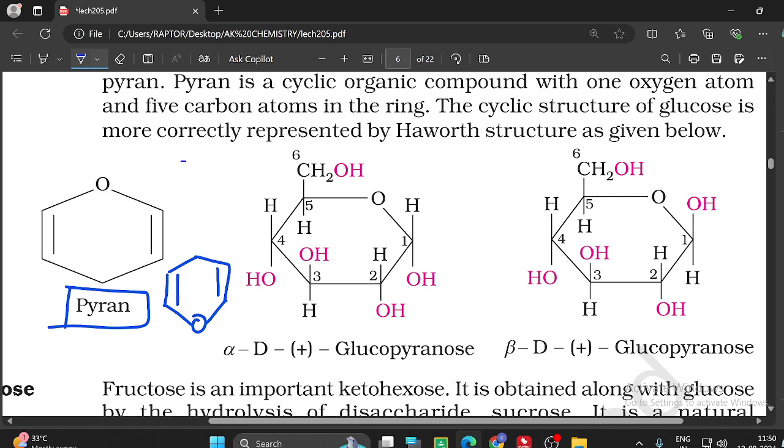And you can draw by this method also. This is also correct. This is the vertical position, this one is the horizontal position. Now see how we are converting the linear structure to cyclic structures.